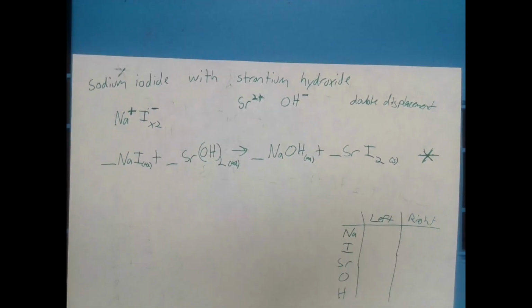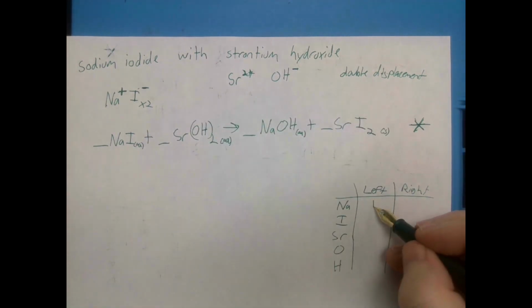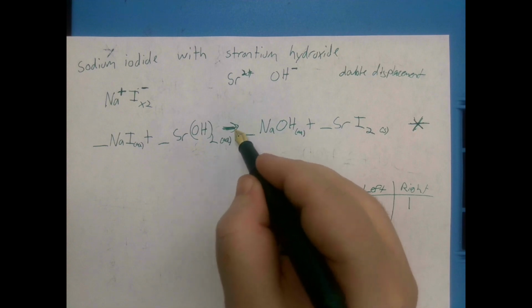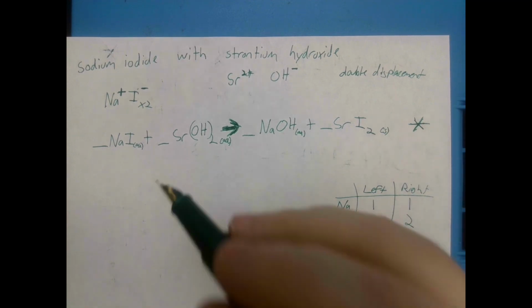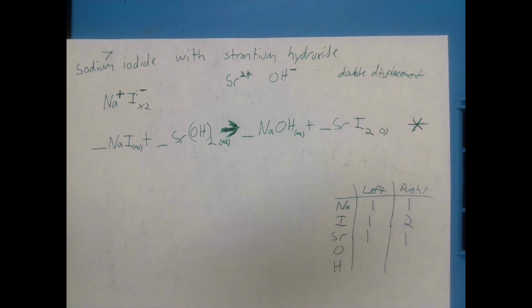And the guess method, keep guessing until it works, is oftentimes very sufficient anyway. So we have 1 sodium on the left, 1 sodium on the right. One iodine on the left, 2 iodine on the right. 1 strontium on the left, 1 on the right.